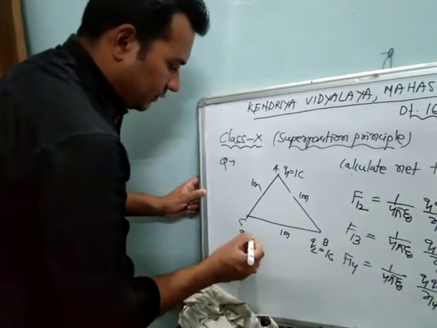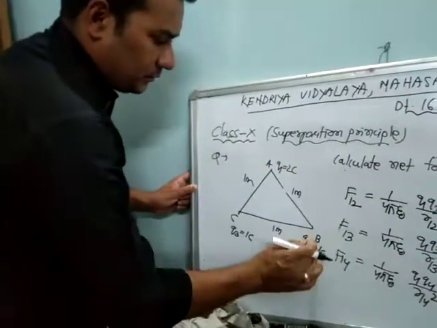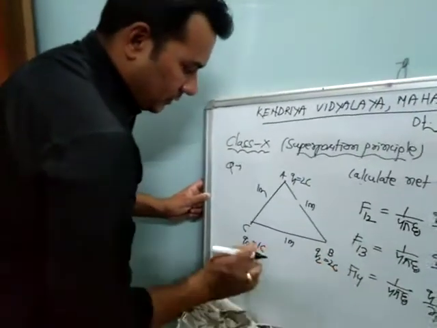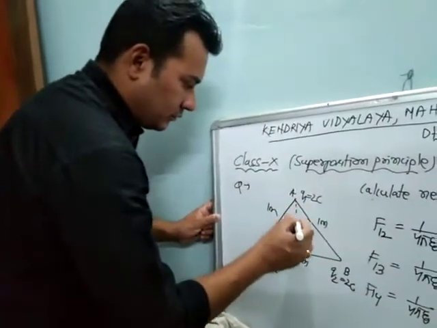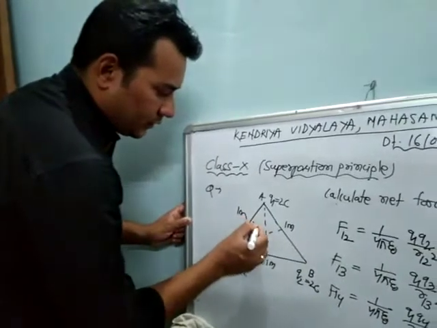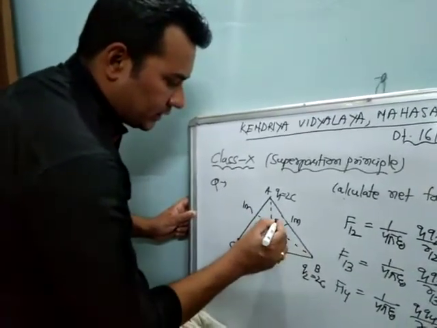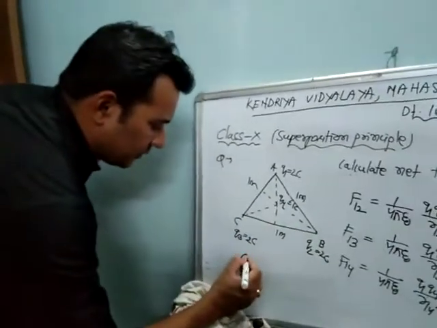Q3 is also 1 coulomb. Or you can take some 2 coulomb, we take 2 coulomb, 2 coulomb and 2 coulomb. And at the median there is a charge Q4, that is 1 coulomb. So calculate net force on Q4.